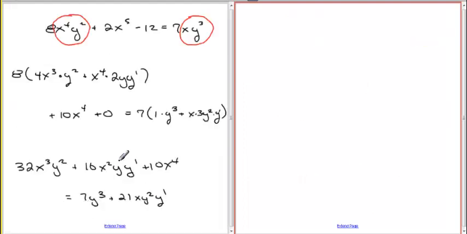So once you've multiplied everything out, get rid of the parentheses, then you're going to take the terms that involve y prime, and you're going to put those on the left-hand side of the equation. And put everything else on the other side.